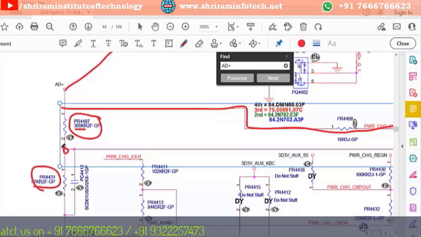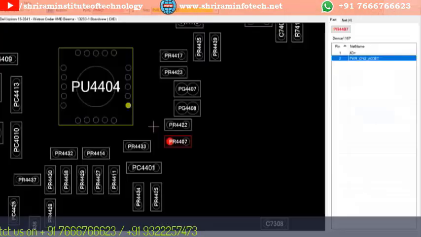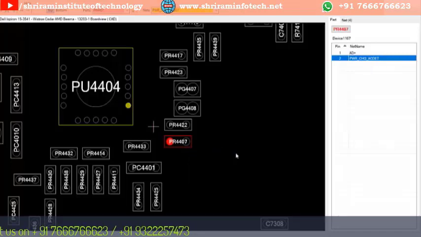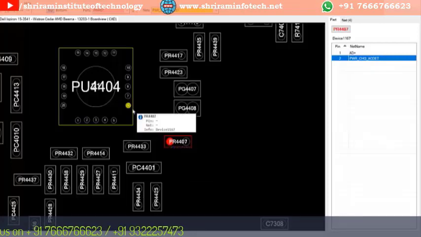And if the voltage is 0 here, that means this resistor may be open. So go to the board viewer, remove the resistor and check the value. If the resistor is not showing 309 kilo ohms, then you have to replace this particular resistor. This resistor points to this chip.